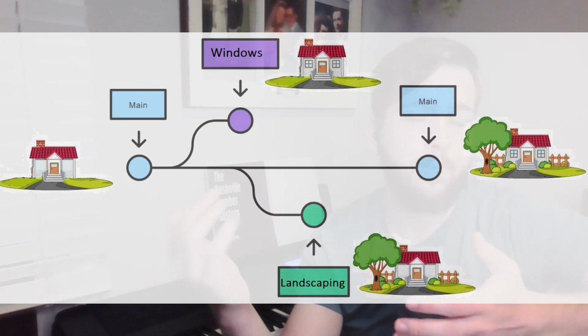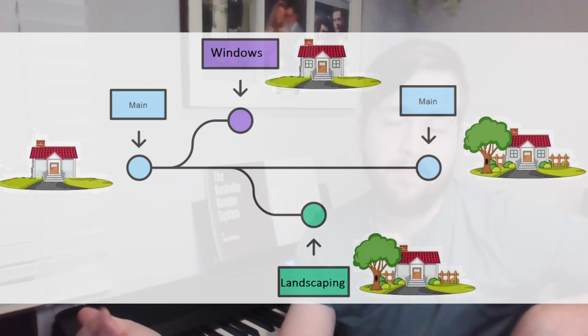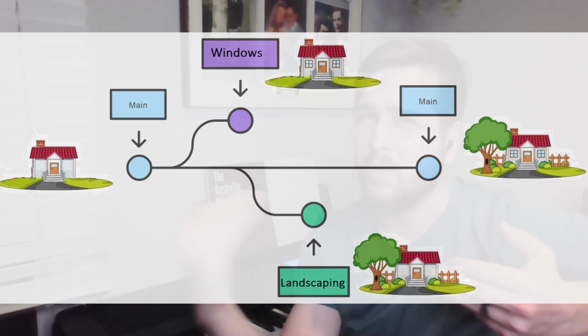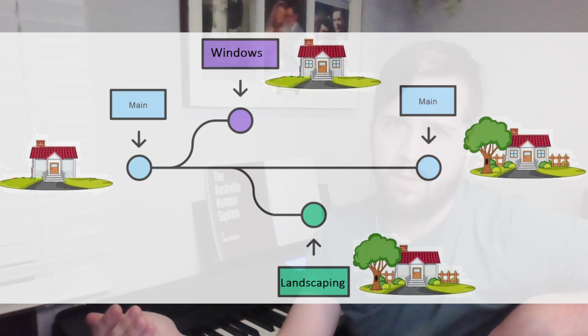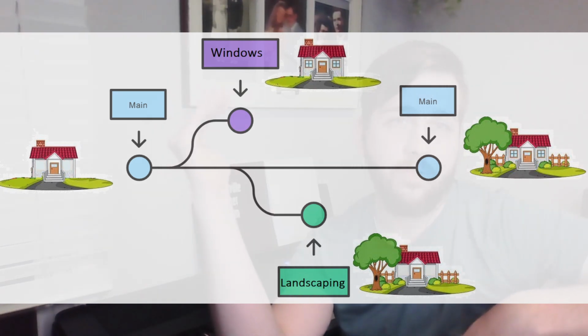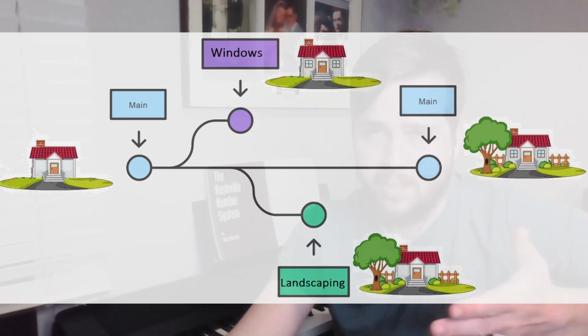A different developer, not us, just someone else working on the project, may create a feature branch that corresponds with the user story to add landscaping. And so developer A has a branch that adds the windows. Developer B has the branch that adds the landscaping.